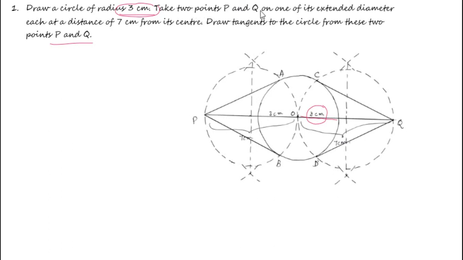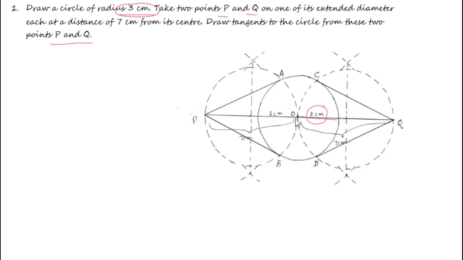Now you need to mark 2 points P and Q on its extended diameter. This is the center O. From this point on the diameter at a distance of 7 cm, mark points P and Q. Now from these 2 points you need to draw tangents to the given circle.